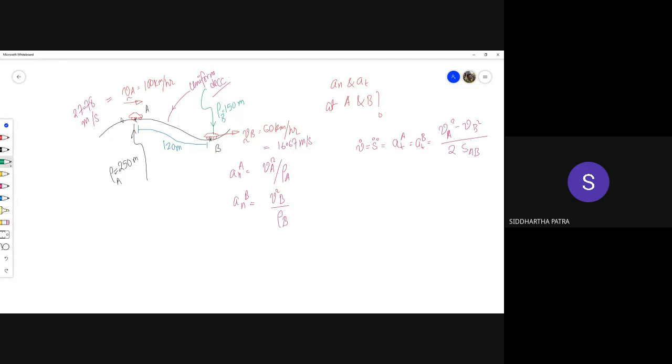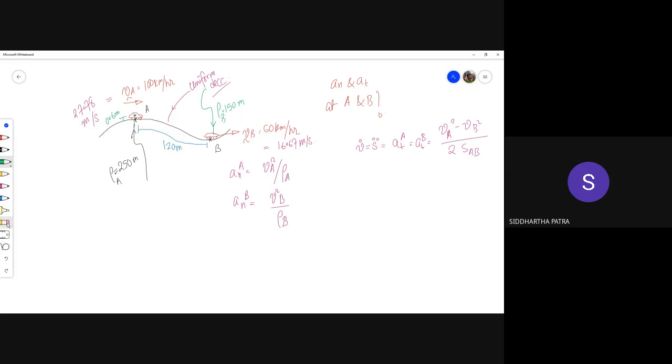Let's say I now make a correction that the center of mass of the car is around 0.6 meter above the ground. This curvature that we are talking about is actually the curvature of the path, but not the curvature of the motion of the center of mass.